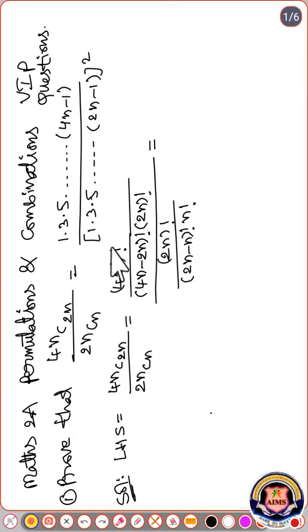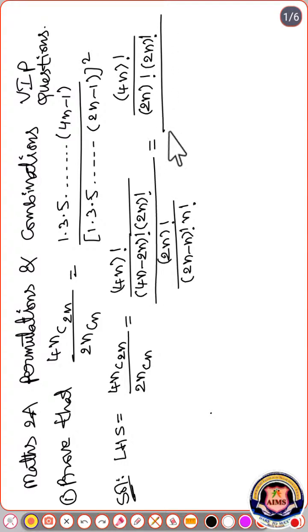Okay, my dears. So the numerator 4n factorial will be the same, divided by 4n minus 2n is 2n factorial into again 2n factorial. The denominator 2n factorial will be the same, divided by 2n minus n is n factorial into n factorial.